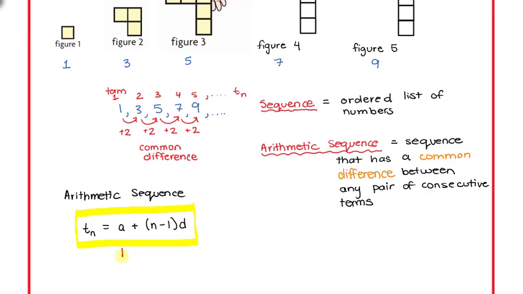Where a is our first term number, n is the nth term, so whatever term is along the sequence, n is the number of the term we're looking at, and d is our common difference.